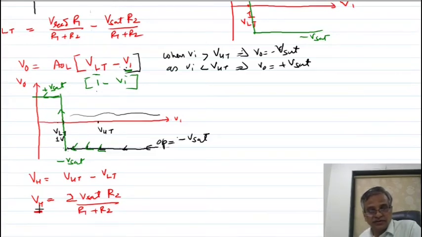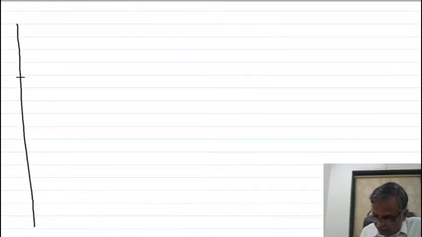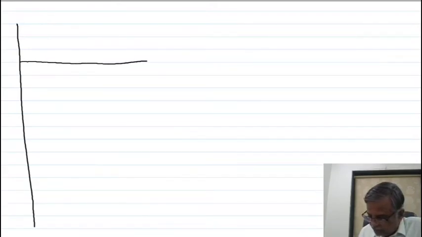Now look here, how the Schmitt trigger converts a slowly varying sine wave into a square wave. In this graph I am showing you how the slowly varying sine wave signal is converted into a square wave. This is the axis of the input voltage, this is the axis of the output voltage with time.